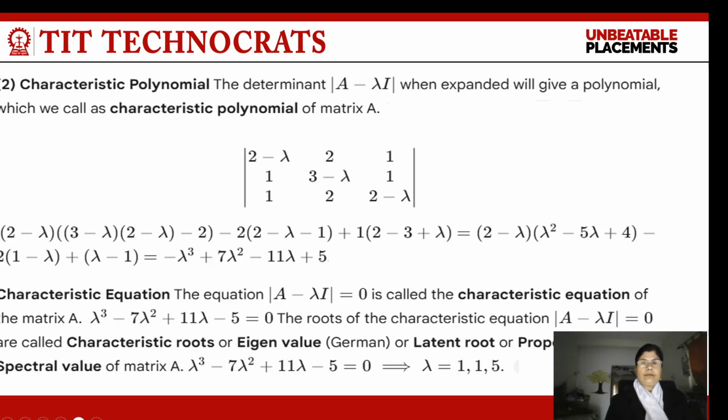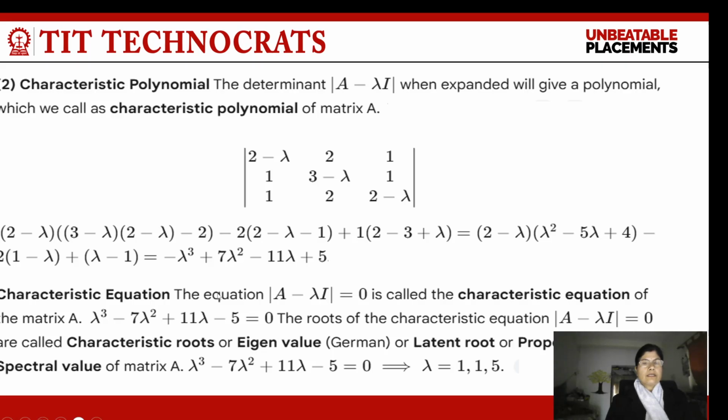Now we solve the determinant, so we get (2 minus lambda)[(3 minus lambda)(2 minus lambda) minus 2] minus 2[(2 minus lambda) minus 1] plus 1[2 minus 3 plus lambda], which is equal to (2 minus lambda)(lambda square minus 5 lambda plus 4) minus 2(1 minus lambda) plus lambda minus 1, which is equal to minus lambda cube plus 7 lambda square minus 11 lambda plus 5.